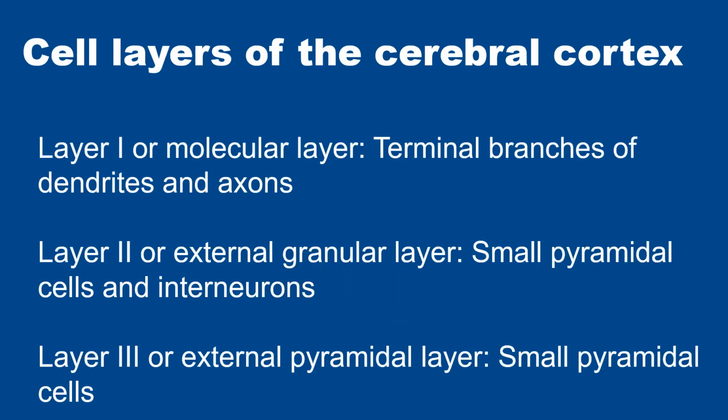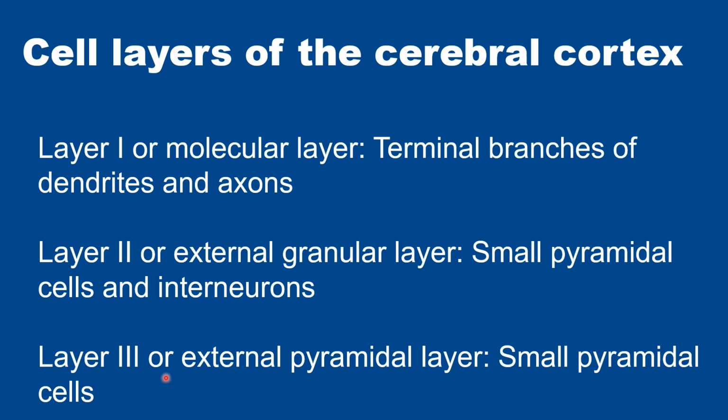The cell layers of the cerebral cortex from superficial to deep are: layer 1 or the molecular layer, which contains the terminal branches of the dendrites and axons of the deeper cells and the Cajal-Retzius cells. Layer 2 is the external granular layer, with small pyramidal neurons and interneurons.